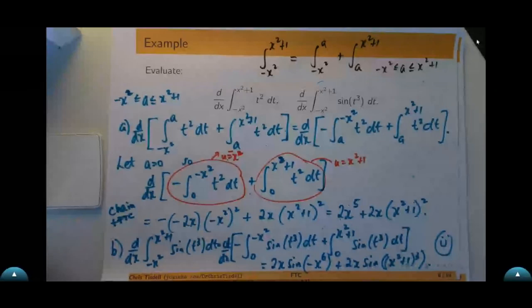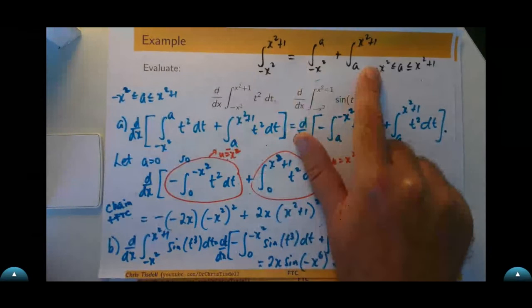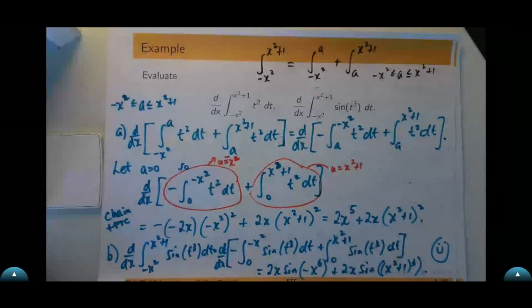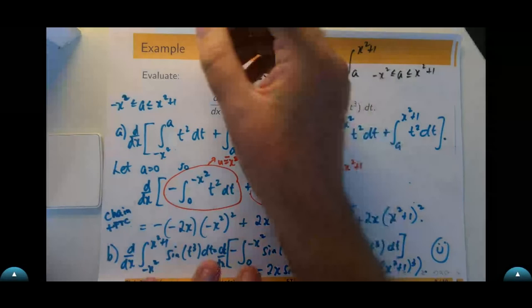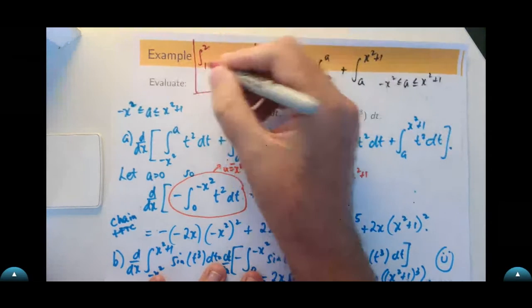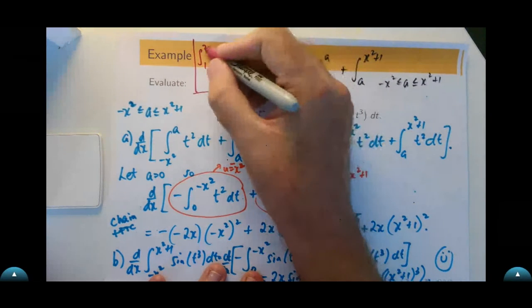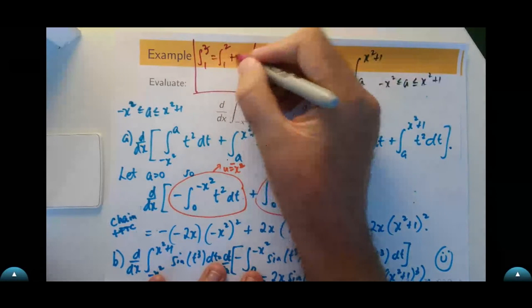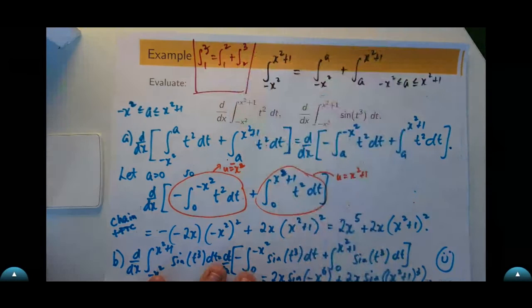Bailey, let's go back. Are you talking about page 8? Yeah, so are you talking about this to this? So you can think of this, if you want to integrate from 1 to 3, it's the same as integrating from 1 to 2 and then 2 to 3.